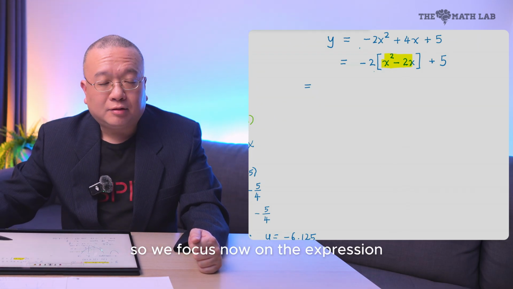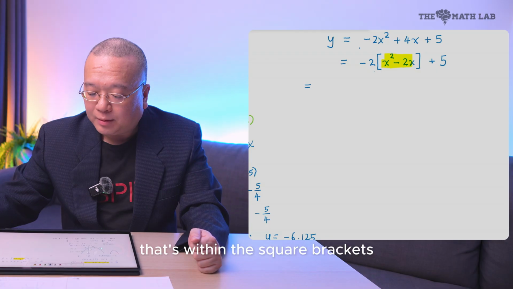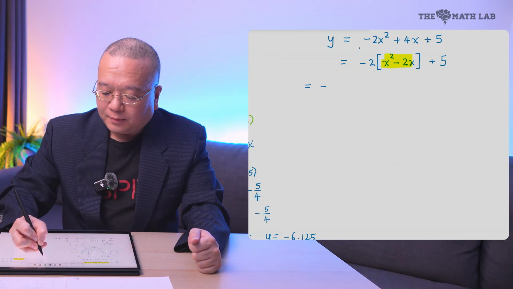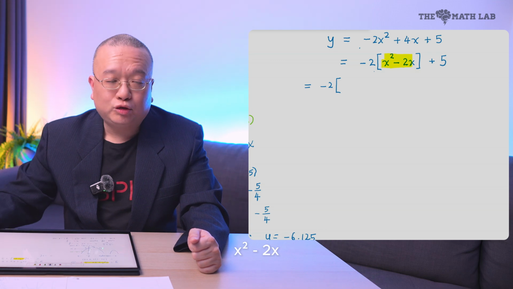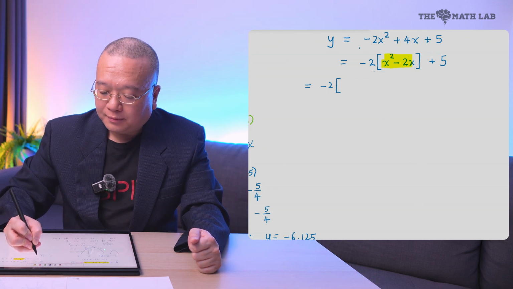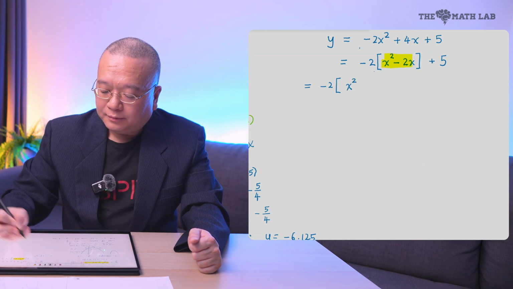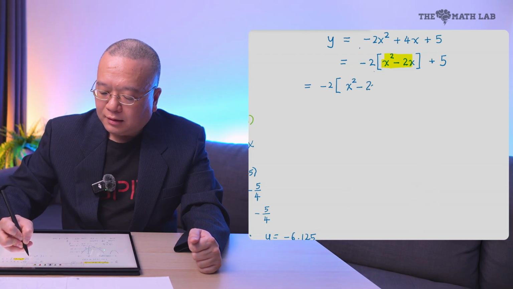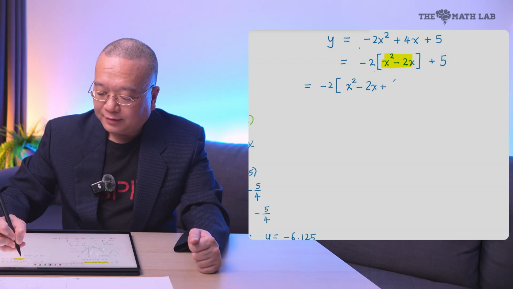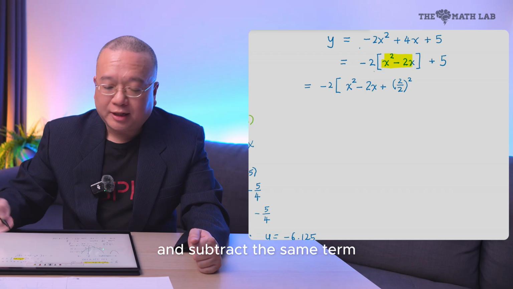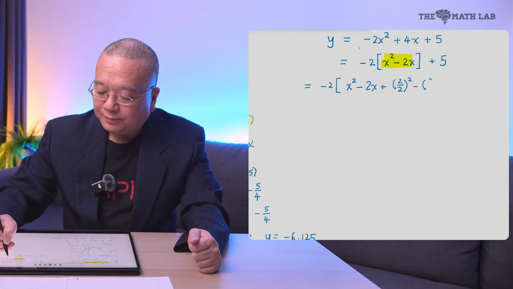So we focus now on the expression within the square brackets. We complete the square for the expression x squared minus 2x. So we add (2 over 2) squared and subtract the same term.